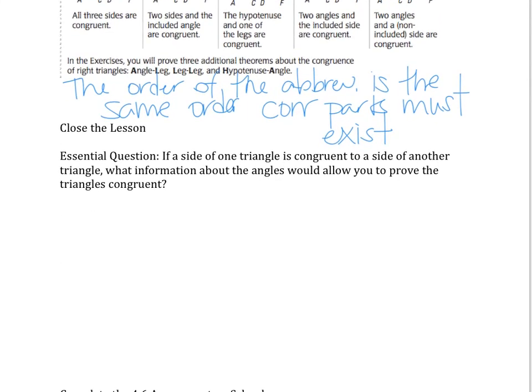Okay, and our question: if a side of one triangle is congruent to a side of another triangle, what information about the angles will allow you to prove the triangles are congruent?